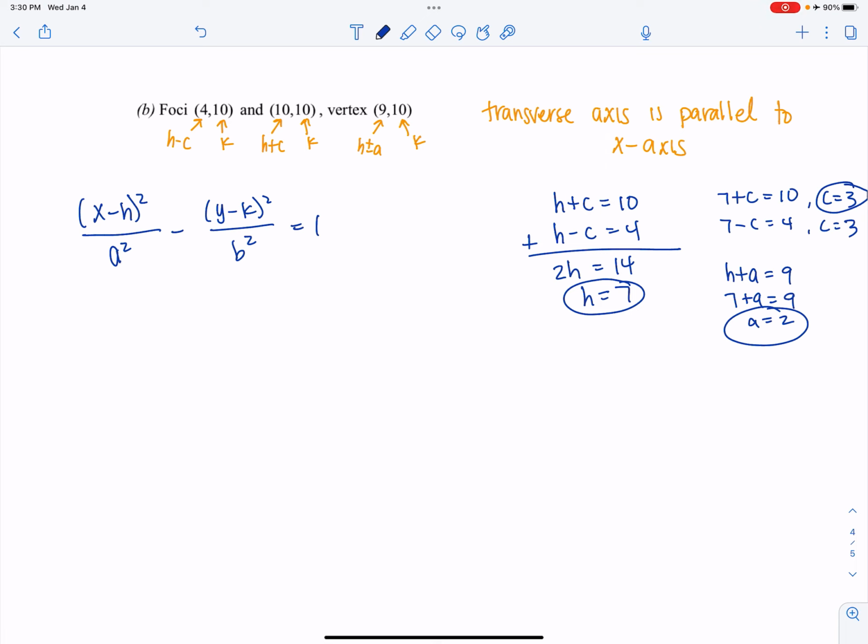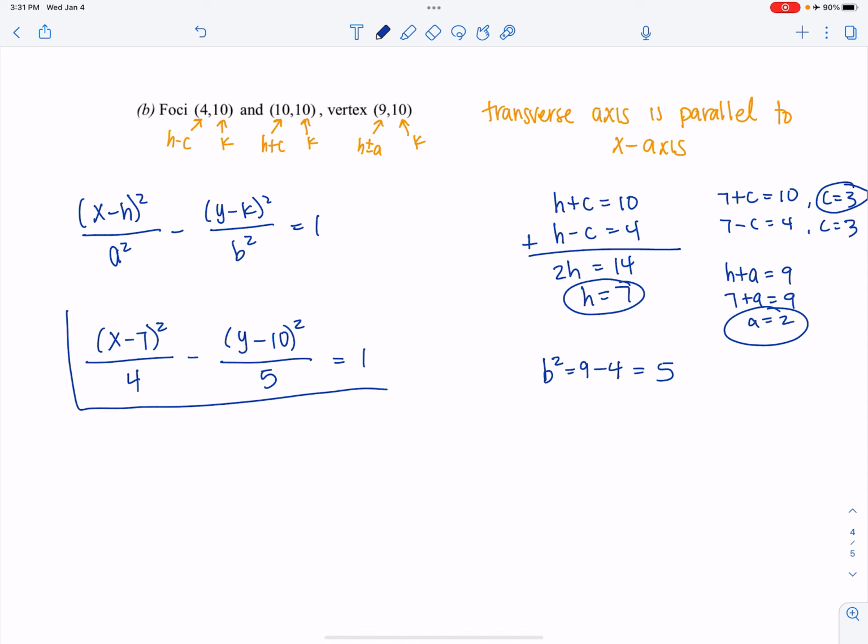All we're missing is b. B squared equals 9 minus 4, which is 5. So let's fill it in. (x minus 7) squared over 4 minus (y minus 10) squared over 5 equals 1.